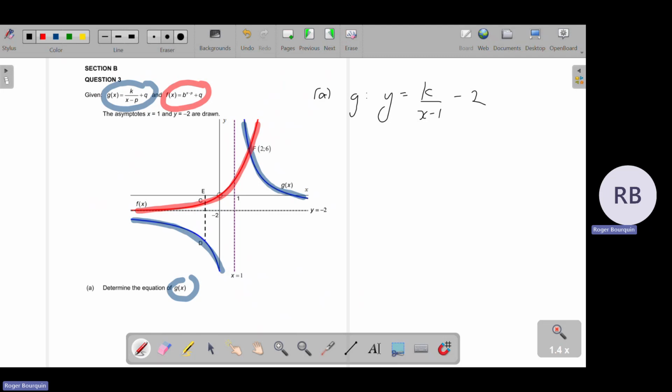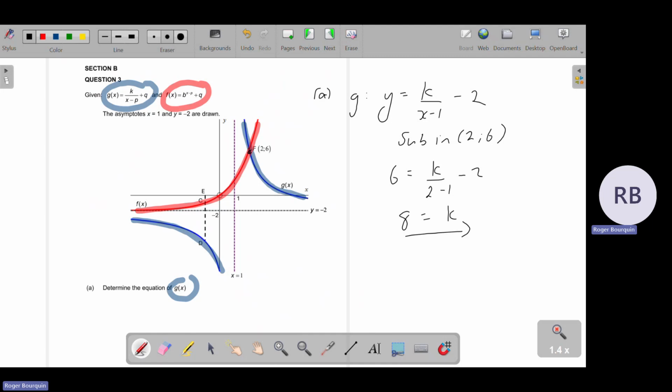Then I've got to sub in another point in order to solve for k. On the blue graph, the only other point I know is 2, 6. So if I sub in 2, 6, I'm going to get 6 is equal to k over 2 minus 1, minus 2. So I get 8 is equal to k.